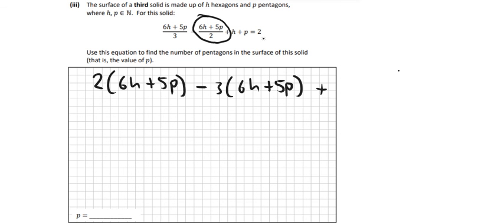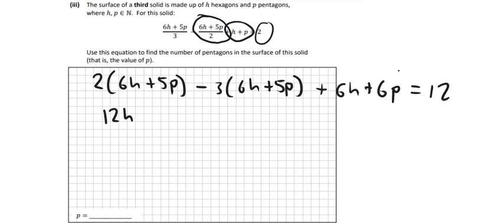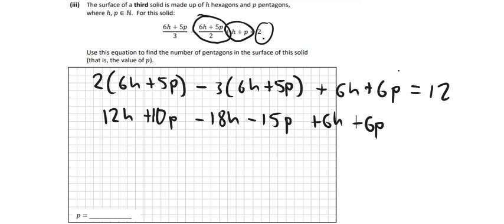And then plus, I'm just multiplying both of these by 6, so plus 6h plus p equals, and then you have to multiply the 2 by 6, which is 12. You still have h's and p's in it at the minute, so 2 times 6h is 12h, 2 times 5p is 10p, minus 18h, minus 15p, plus 6h plus 6p equals 12.